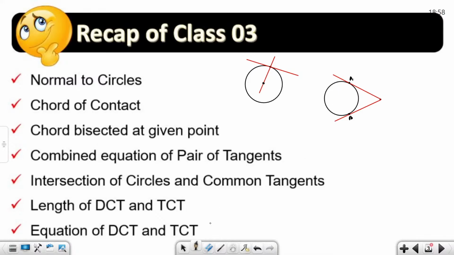Now, if we join this AB by a line, then this chord is what is called your chord of contact, right?